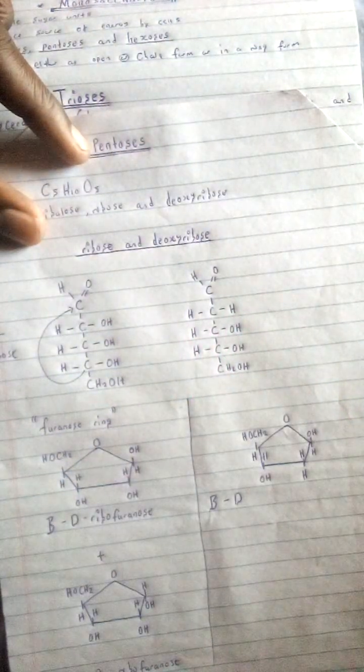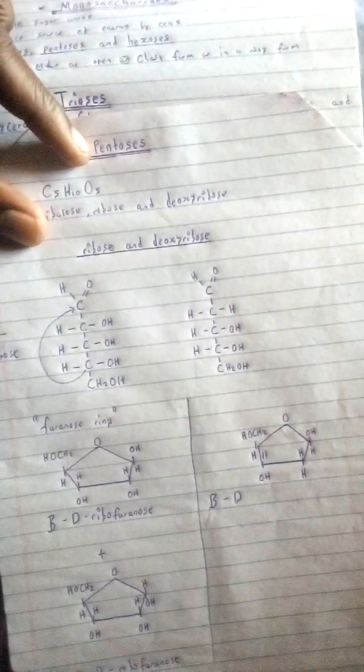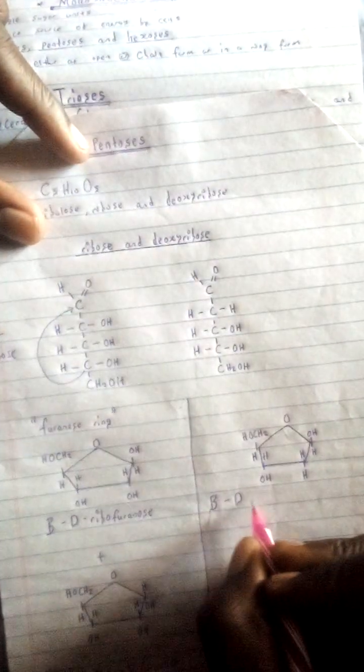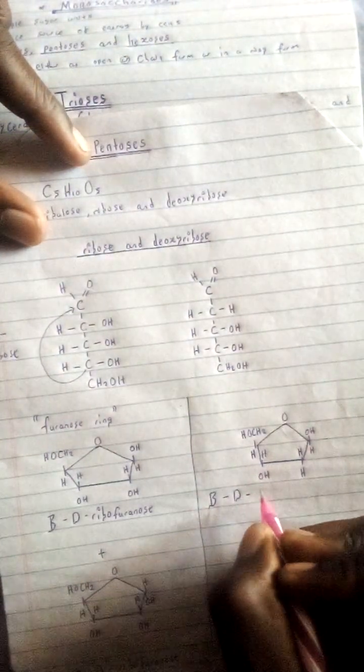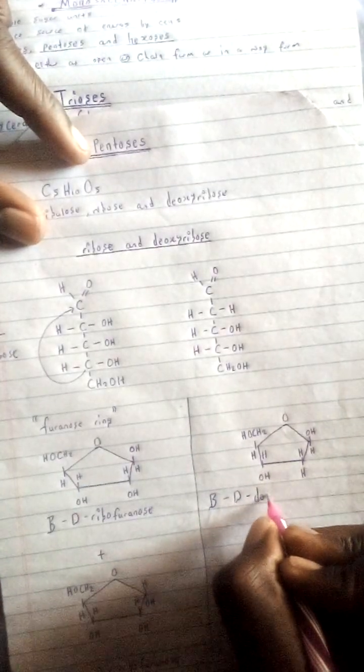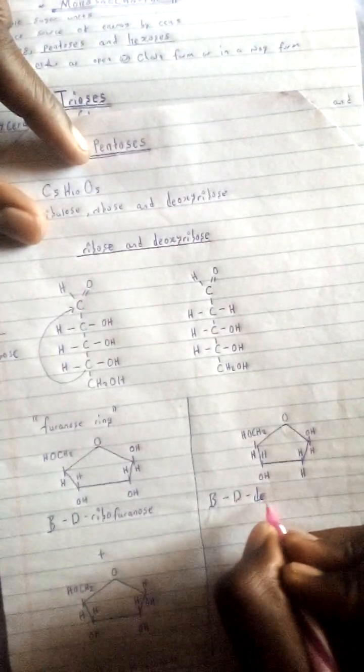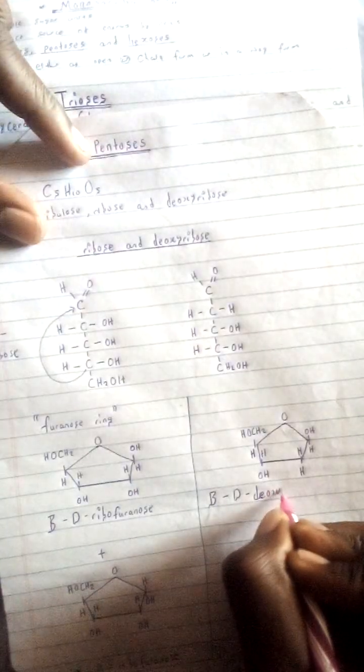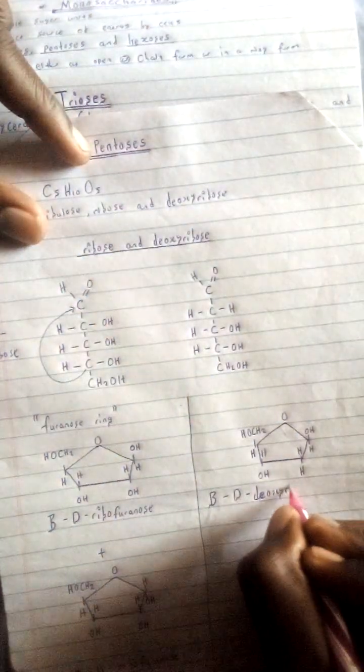When we swap, then it becomes an L, which is not common. So this is beta D deoxyribofuranose.